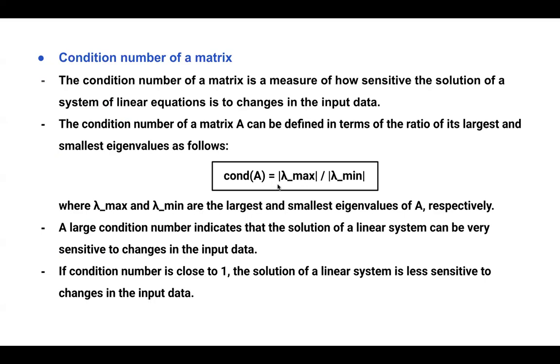So the condition number is the ratio of the maximum absolute eigenvalue divided by the minimum absolute eigenvalue. A large condition number indicates that the solution of a linear system can be very sensitive to input data. If the condition number is close to 1, then the solution of the linear system is less sensitive to changes in input data.